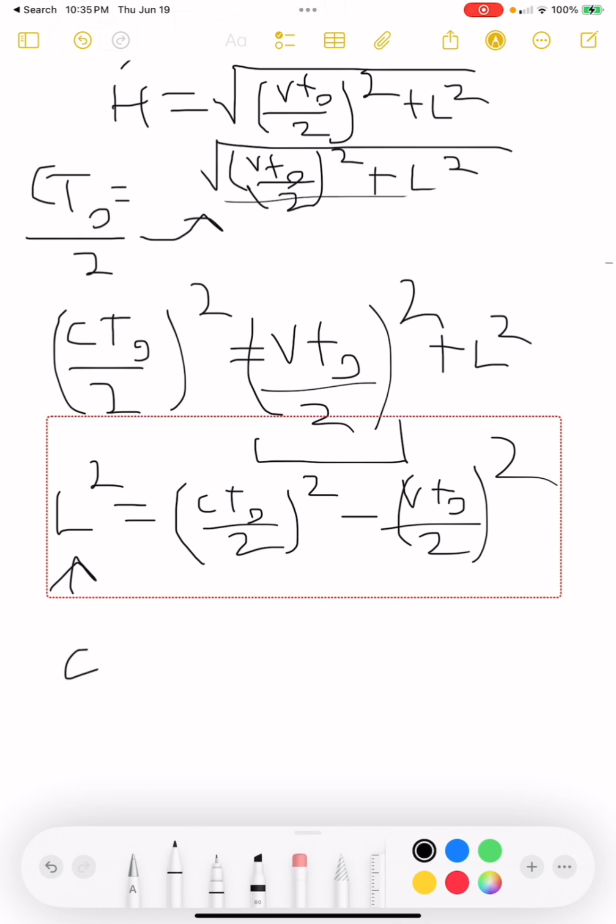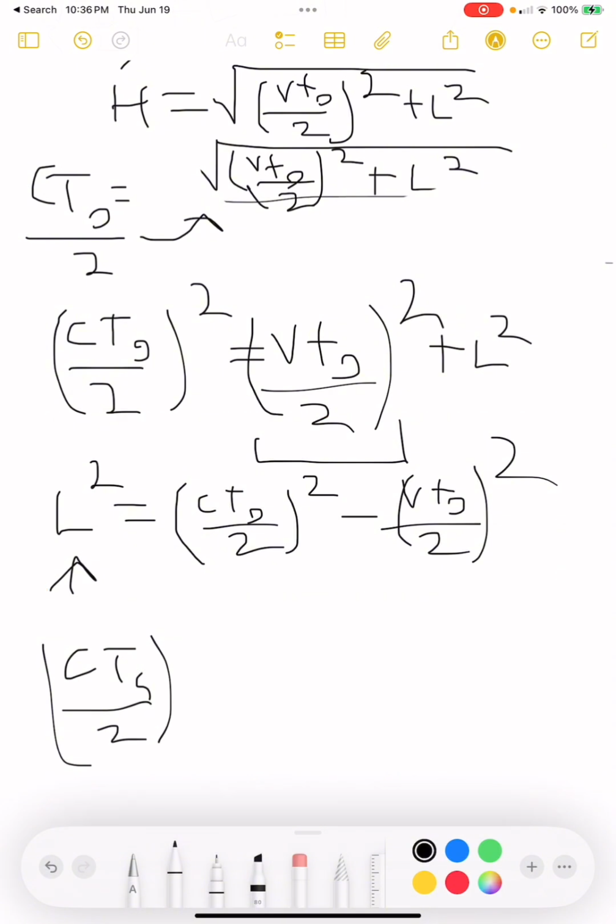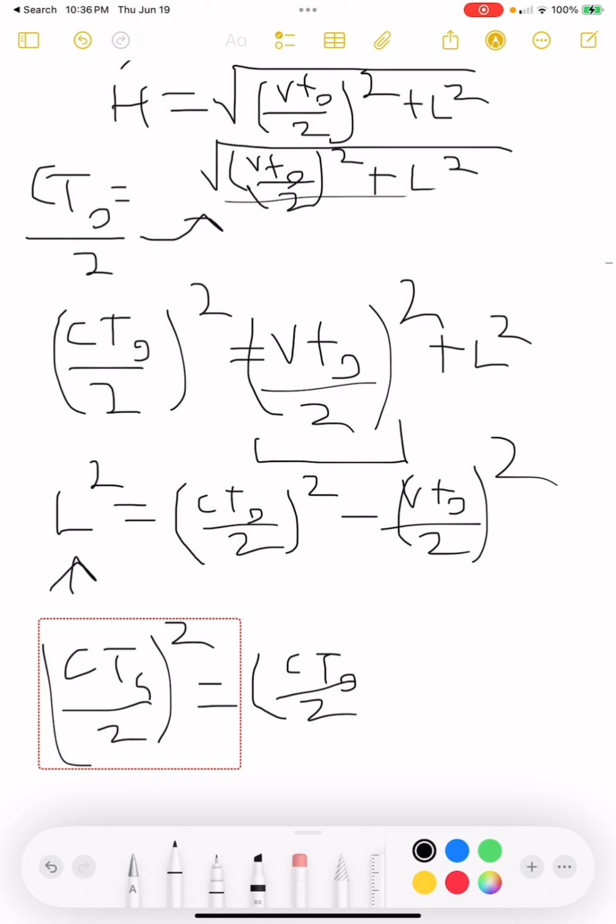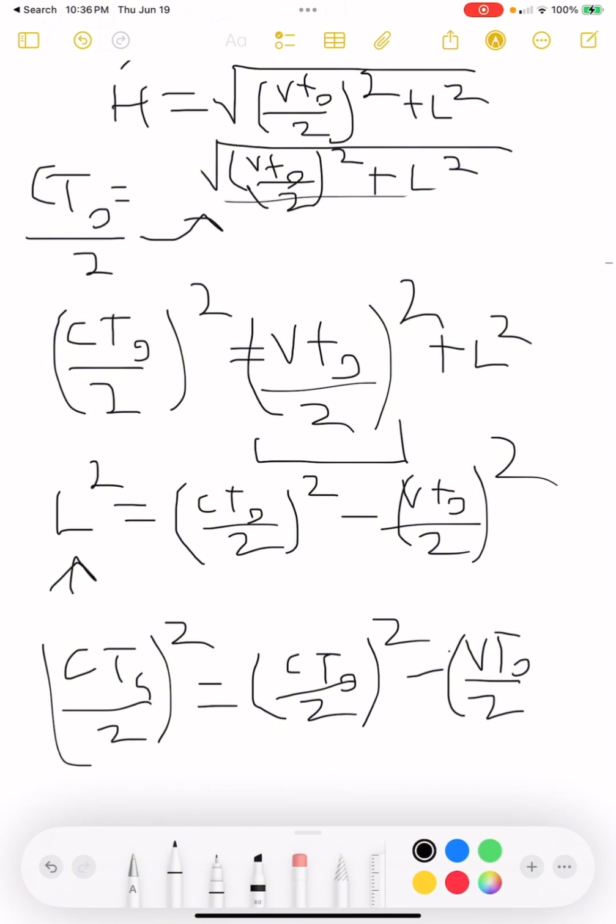Alright, so we get (c t of s over 2) squared is (c t of 0 over 2) squared minus (v t of 0 over 2) squared.